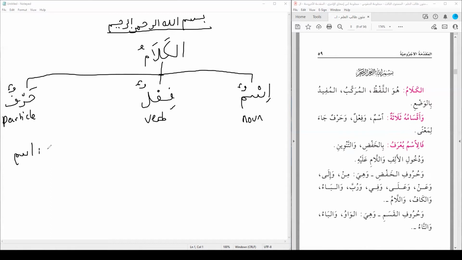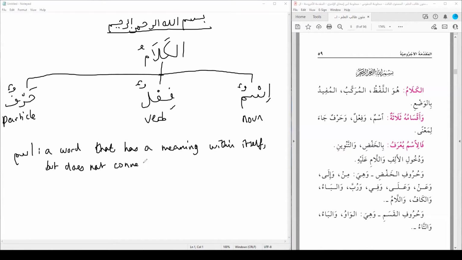It is a word that has a meaning within itself, but does not connect to time. The ism, the noun, is a word that has a meaning within itself but does not connect to time.